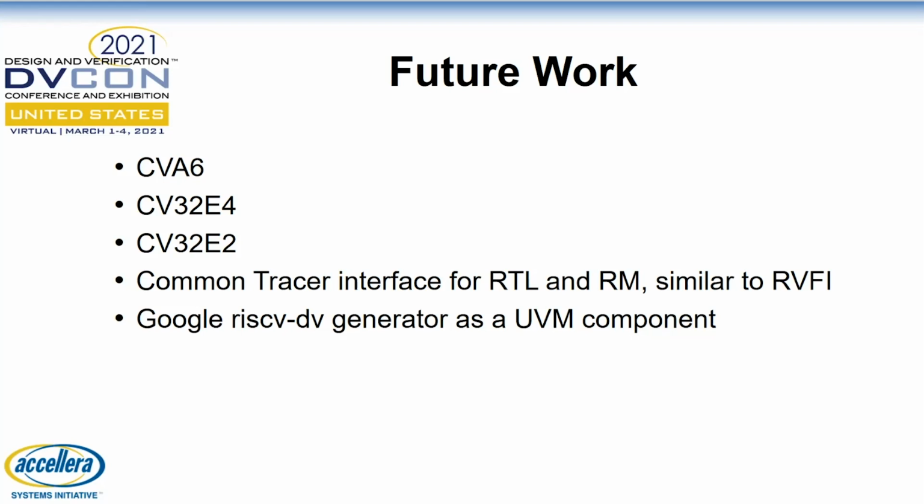And lastly, we're looking at integrating our RISC-V DV generator from Google as a UVM component. Right now, it is written in SystemVerilog, but it is not usable as a strict UVM component. This would allow us to encapsulate the generator as an extension of a UVM component. So then the UVM environment would have direct control of the generator at runtime, allowing much more fine-grained control.